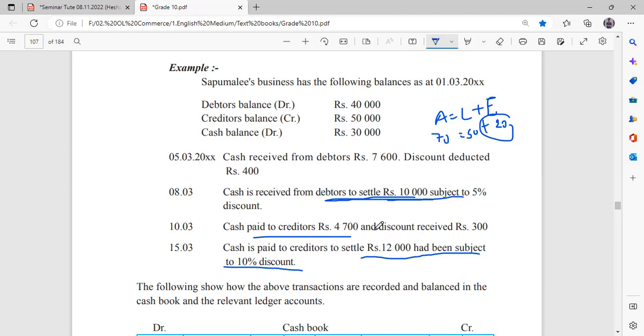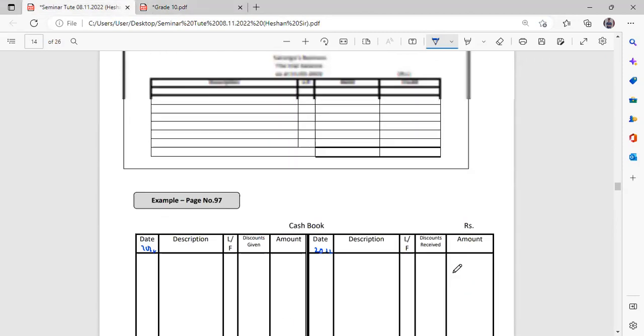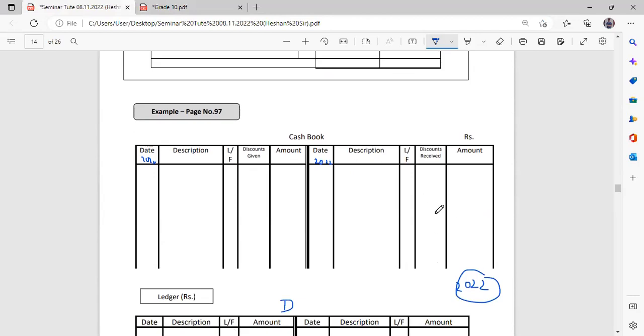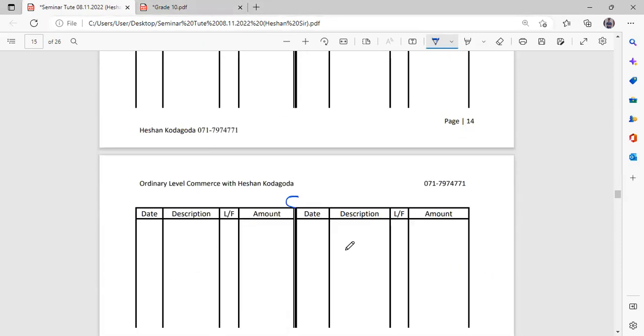So we paid only the 10,800, and we have received 1,200 worth of cash discount. So in the cash discount received column we record 1,200, in the amount column 10,800, description creditors account, and write the date as March 15. In the creditors account, you need to debit only the amount of 10,800.